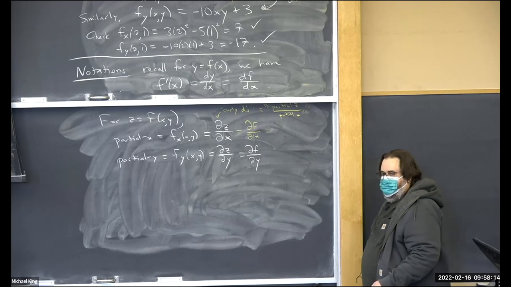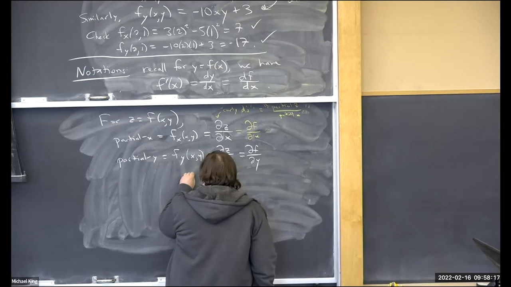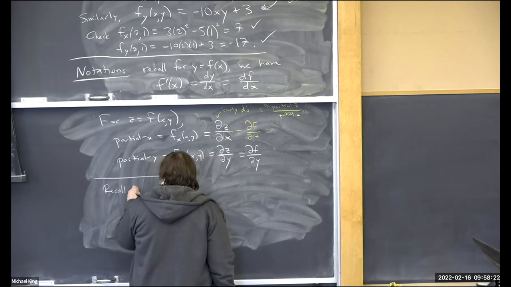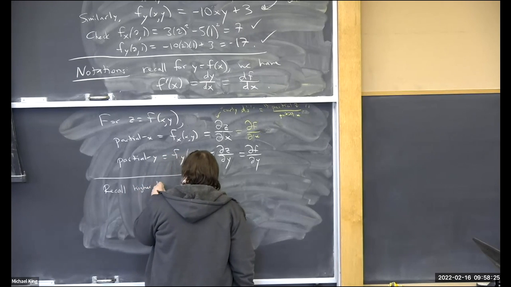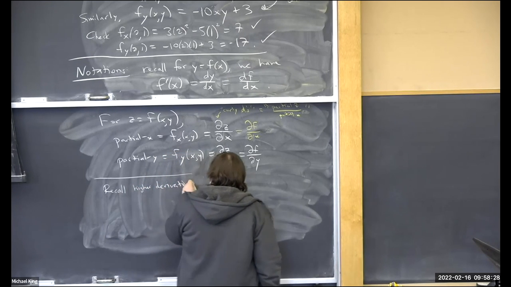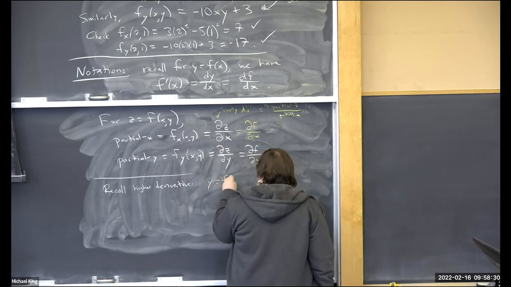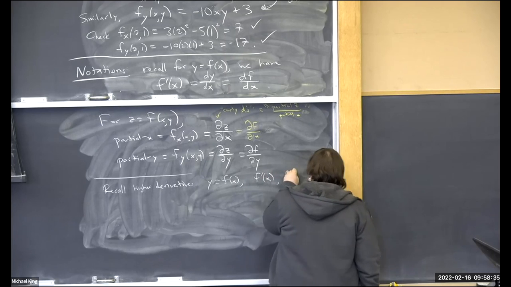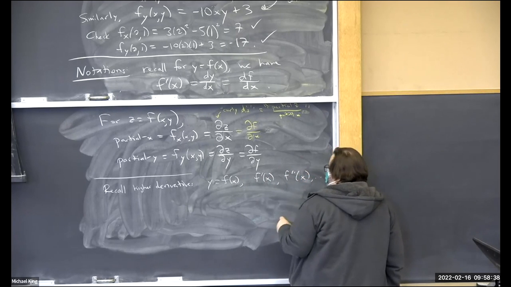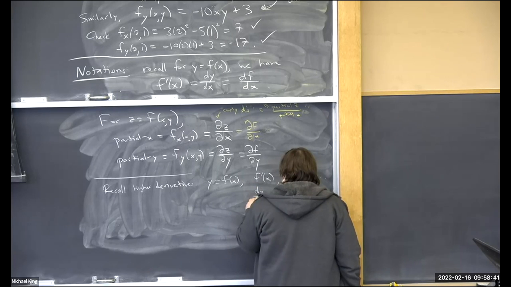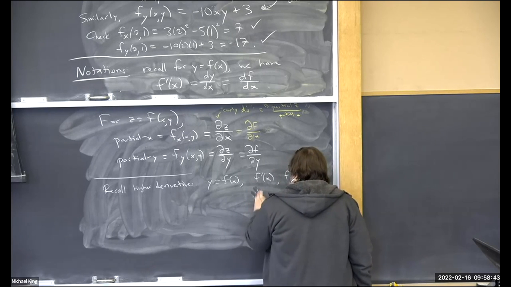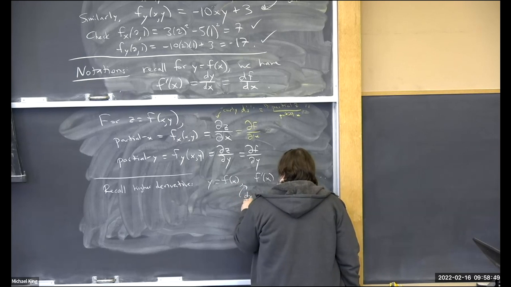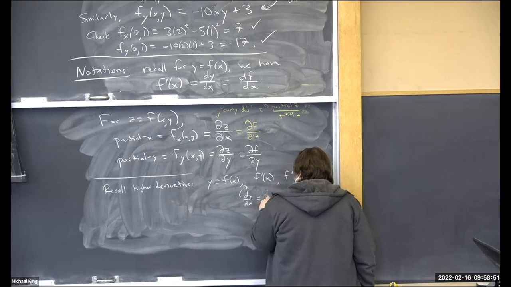One funny thing that happens, just as a last note, is that we'll talk later about second derivatives and higher derivatives. For y equals f of x, we have f prime of x and then f double prime of x, and so on. Or you can write dy dx, which you can think of as doing something to y, like d dx of y.